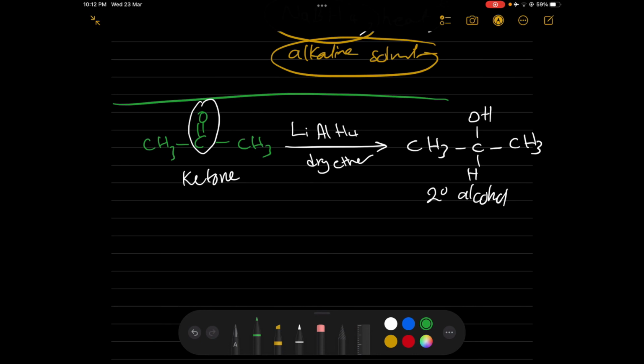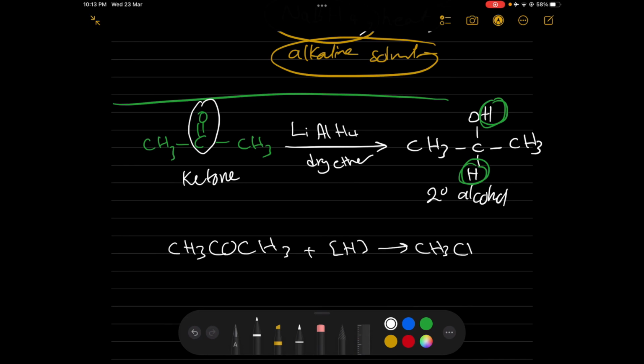By the way, if you look at the number of hydrogens, we just noticed that we increased the number of hydrogens. And actually, this is the definition of a reduction process, which means gaining hydrogen. So you can describe this in this form, or you can describe it in terms of an equation. You have CH3COCH3, we added hydrogen, and then we have this product, CH3CHOHCH3.